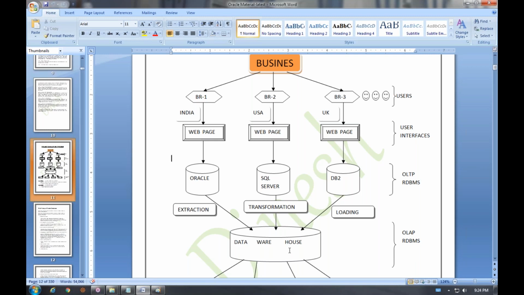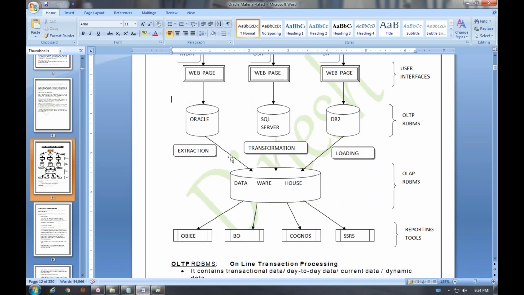So how to transfer data from OLTP into OLAP? This process is called ETL. All of you see ETL: extraction, transformation, loading. ETL developer, data warehouse developer, Informatica developer. Informatica developers work on OLAP.